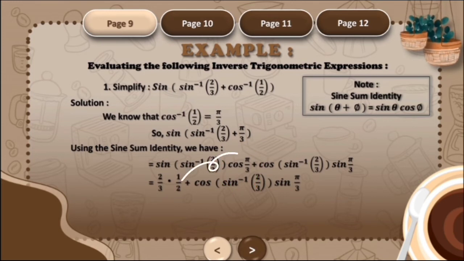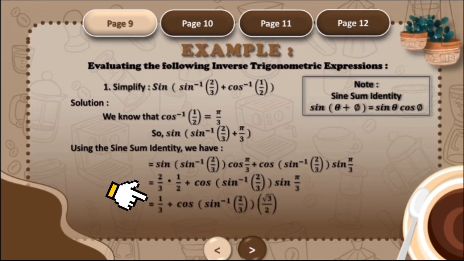So after you get the value of cosine pi over 3, which is 1 over 2, copy now the remaining equation, which is cosine times the quantity of sine inverse of 2 over 3 and sine pi over 3. So all in all, we now have 2 over 3 times 1 over 2 plus cosine times the quantity of sine inverse of 2 over 3 and sine pi over 3. After that, multiply first the 2 over 3 and 1 over 2. And we will now get 1 over 3 as our answer.